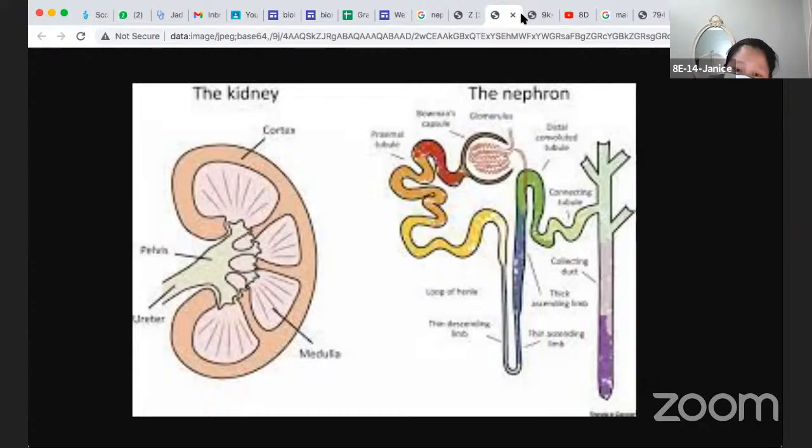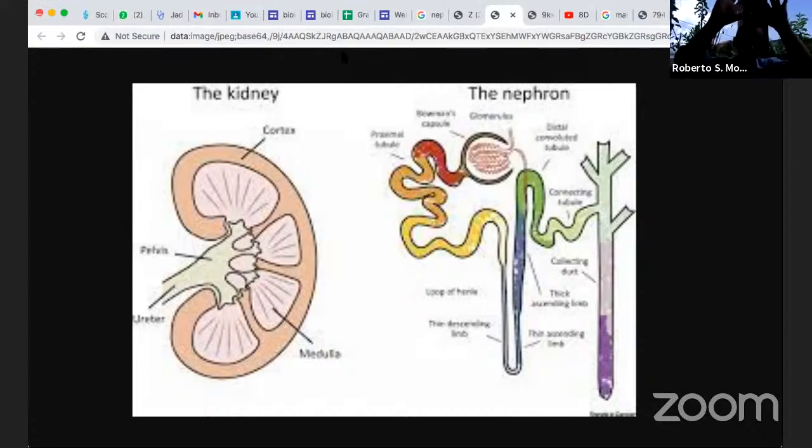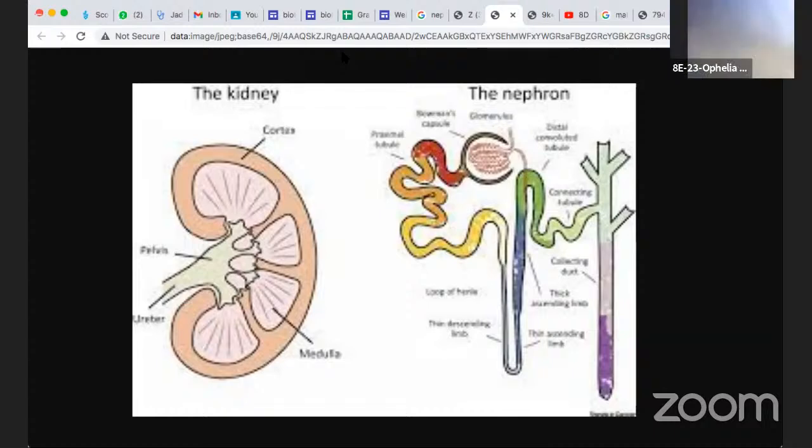From the bladder, where to? This is the urinary system, right? Kidney, ureter, urinary bladder. Last part, Janice. Urethra. Urethra, great. Good, good, good. Thank you.